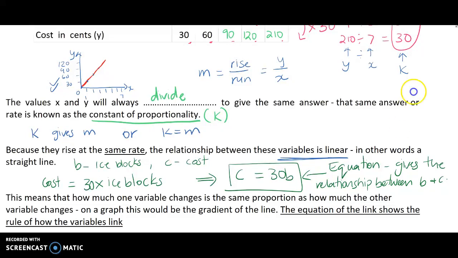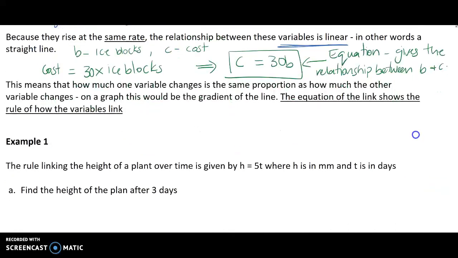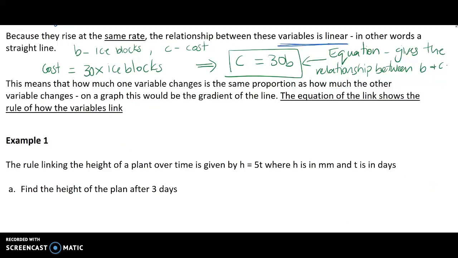Okay, let's have a quick look at one example. The rule linking the height of a plant over time is given by h is equal to 5t. So what that means is that the height changes over time, and time is in days, by a rate of 5.